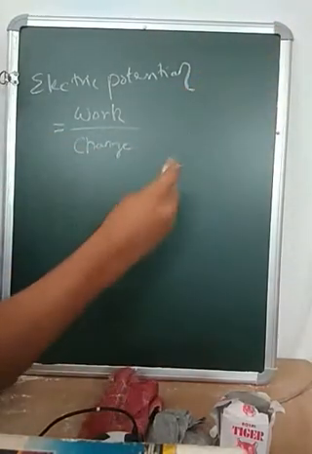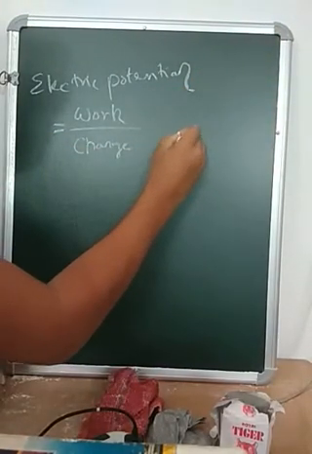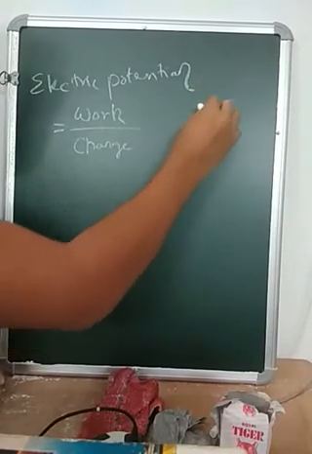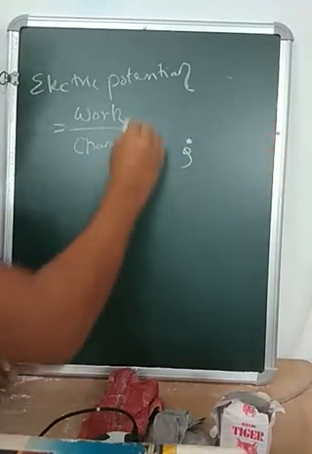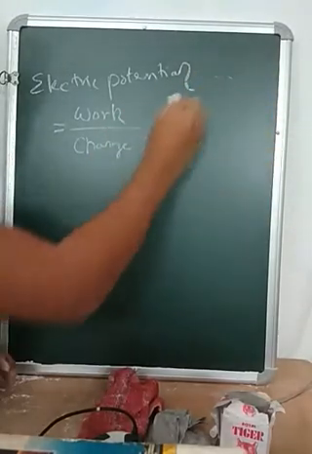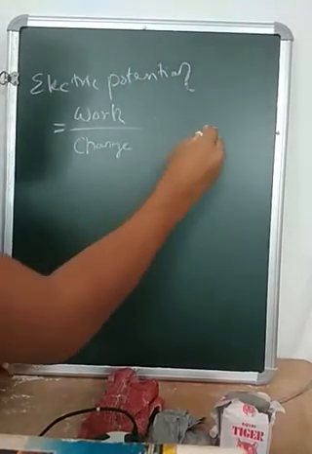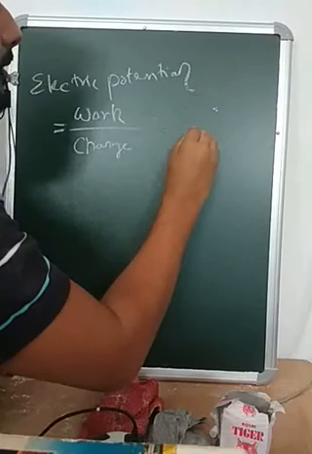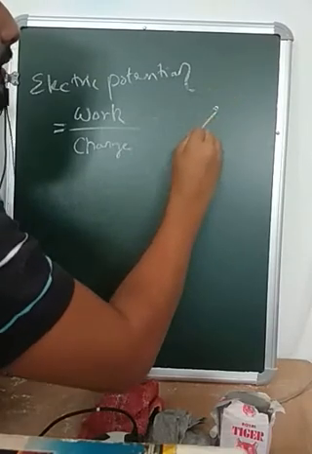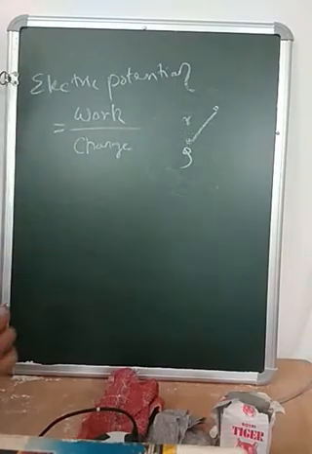Suppose a charge Q is present here, and due to this charge a field will be generated around it. Suppose we have to find the potential due to this charge at this point, at distance r. How do we calculate this?